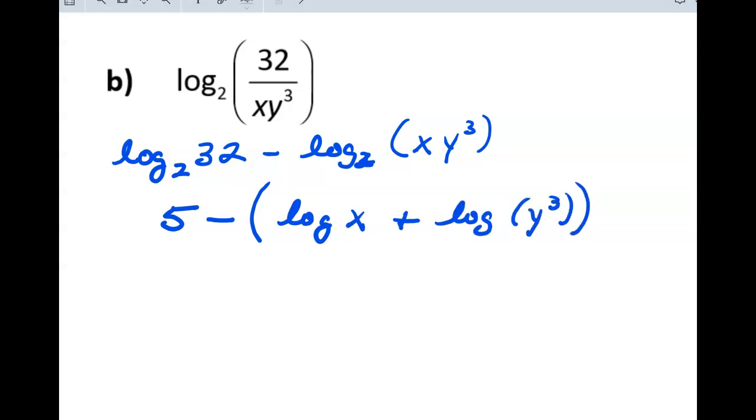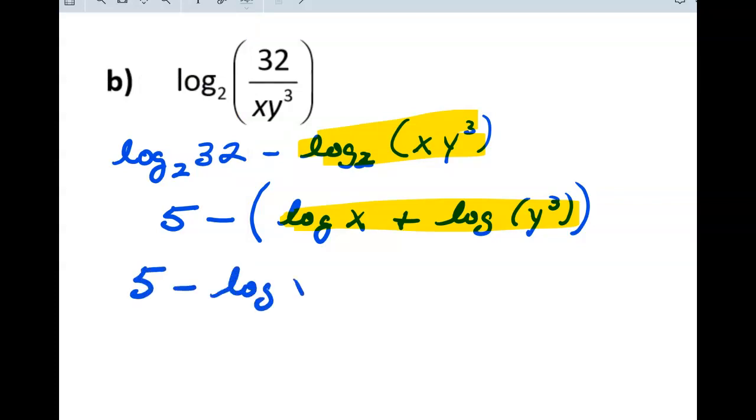Now I have to use parentheses because everything that follows the minus sign must all be subtracted. So we're going to have to distribute that minus sign to both of those terms inside the parentheses. So we've got 5 minus log of x minus log of y cubed.